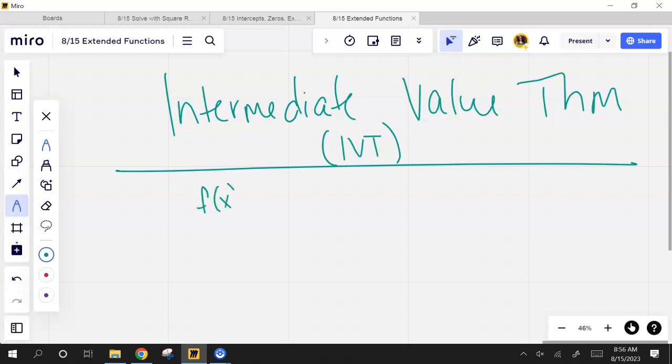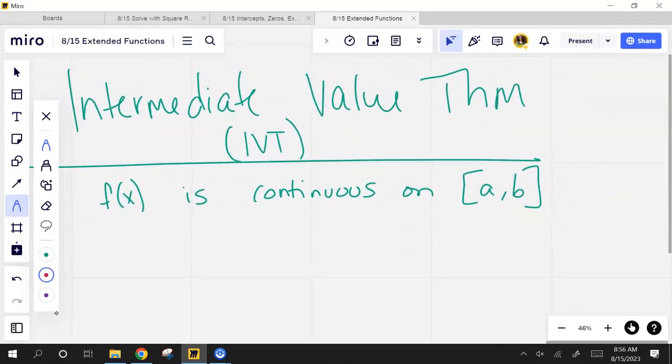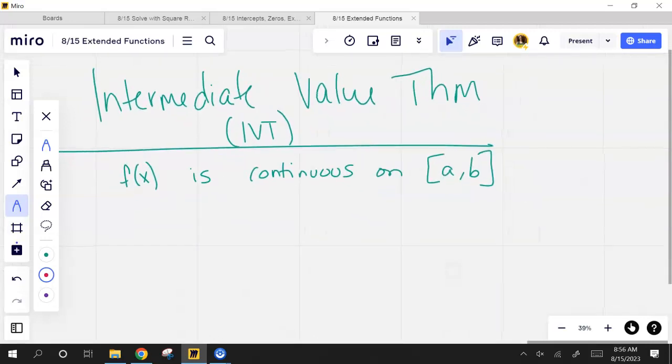If f of x, which is just some function, has to be continuous on some interval AB. I like a picture. I like to see what's going on. So I might come over here to the side. I've got some function.